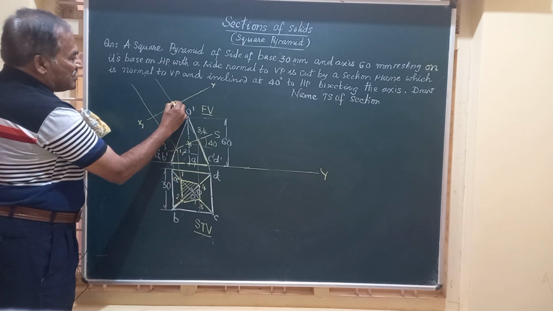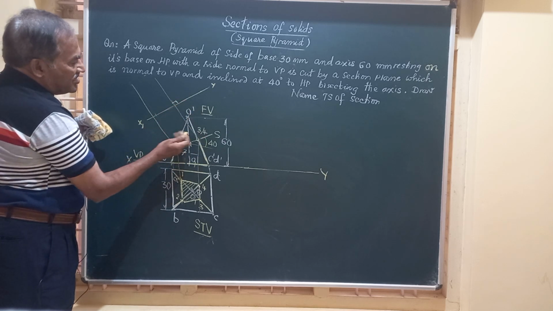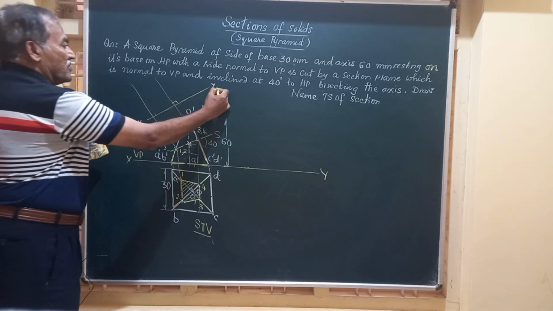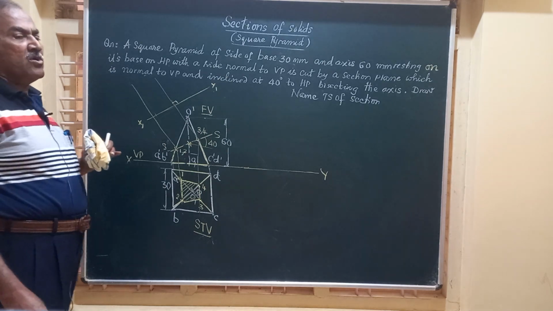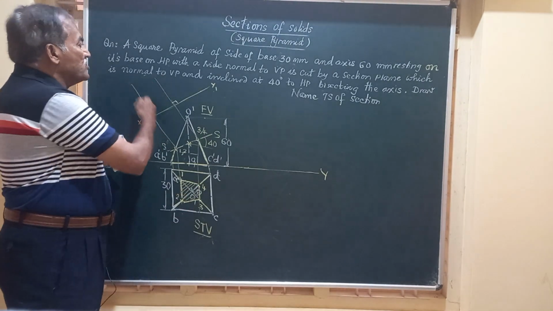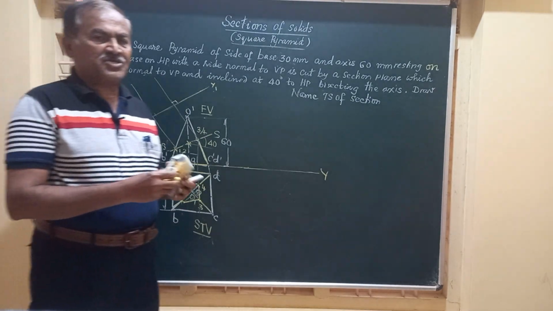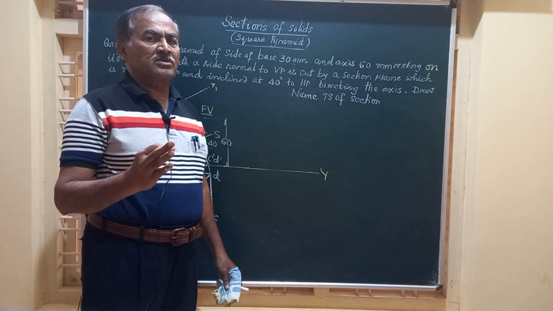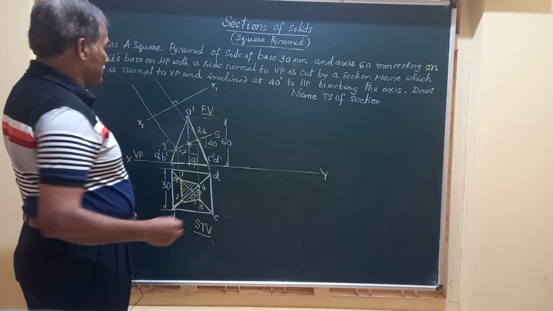So these lines I have drawn are perpendicular to x1 y1. Friends, on this I should get the true shape of the section, or the mirror image of the cut portion in the true shape.